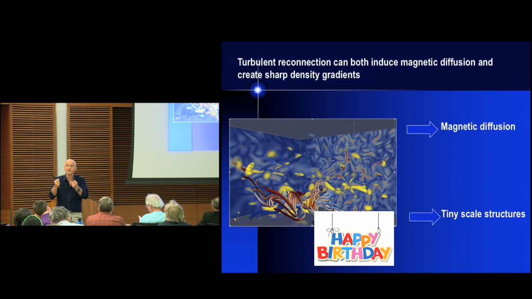But at this scale we still have identity of our magnetic field lines, and we are creating the structures. There will be a talk on Friday by Xiao Xu on the properties of turbulence in partially ionized gas.